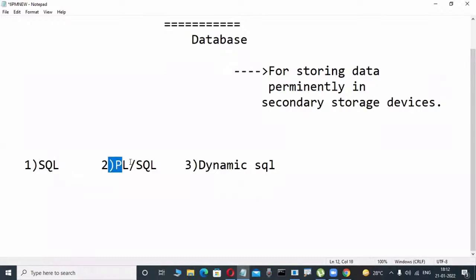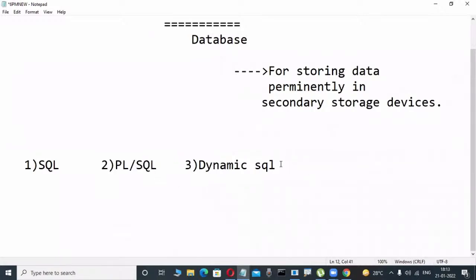But why PL/SQL, which is some programming like C++ or Java? Some fellows say it is procedural language extension for SQL. Why is this language really required? Really, so many jobs are available in PL/SQL also.